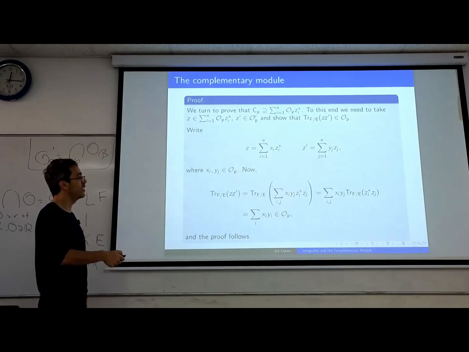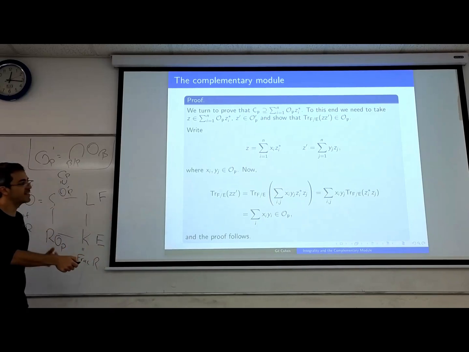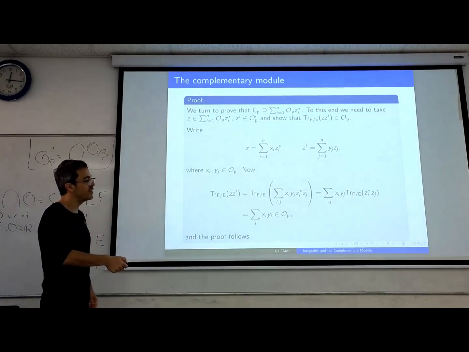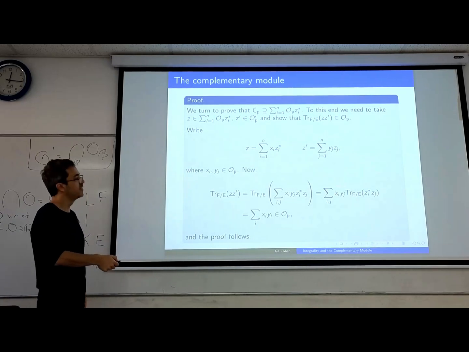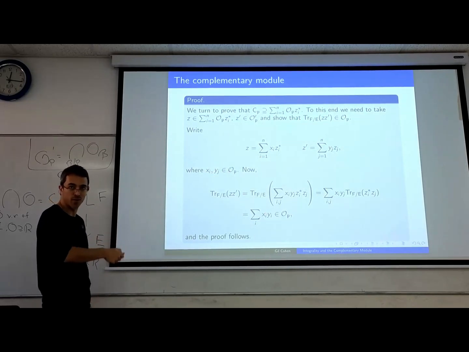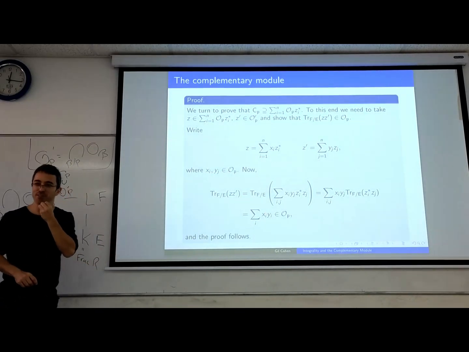The xi's and yj's now are actually in OP, in particular in E, so they go outside the trace. And when you look at it for a second, the only thing that survives is when i equals j. So you get a sum of xi yi, which is in OP because all of them are in OP. And that's what we wanted to show, just by definitions.